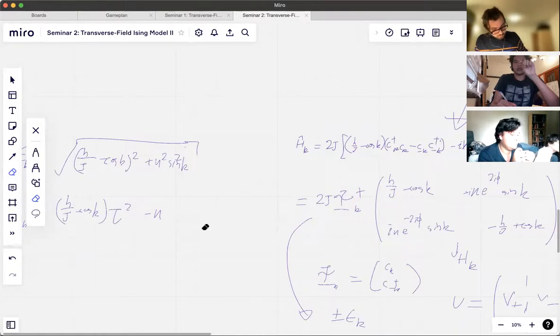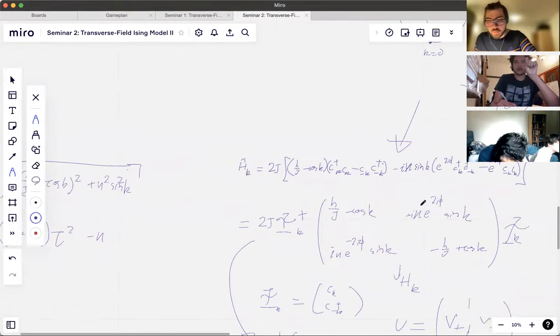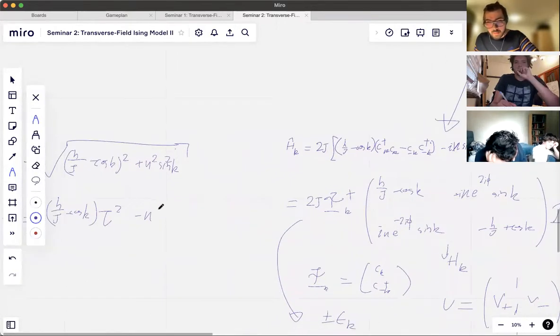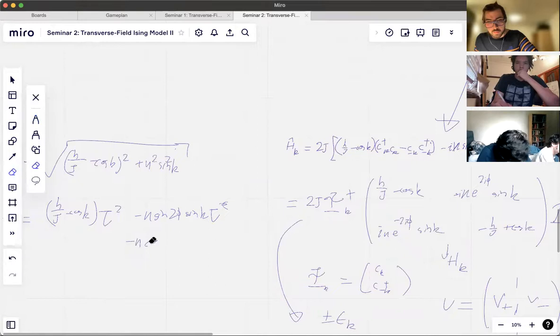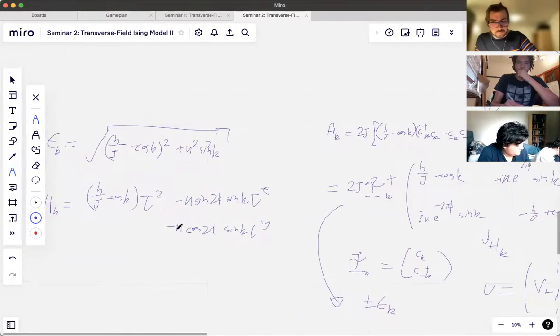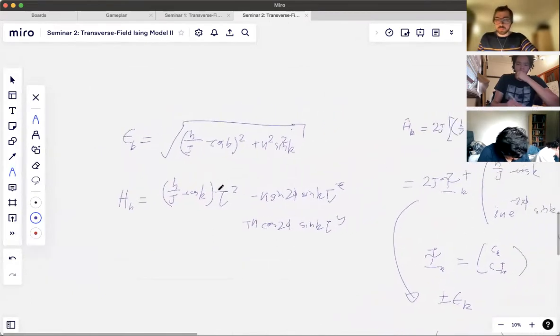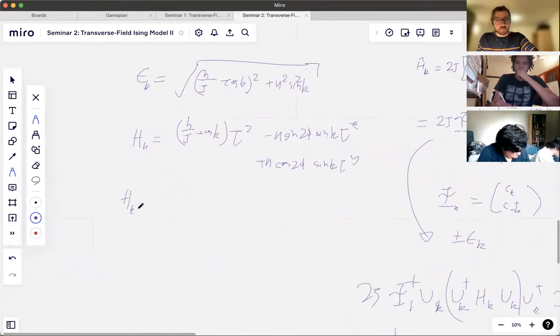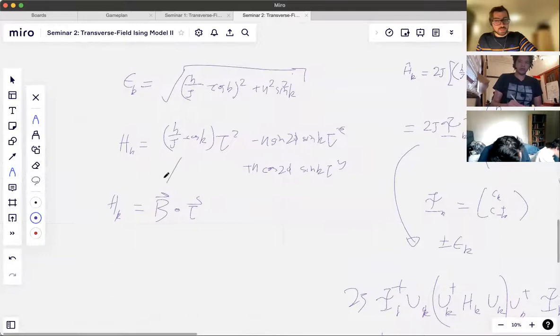By taking real and imaginary parts of these things, minus kappa sine 2 phi sine k tau_x minus kappa cos 2 phi sine k tau_y. There may be a wrong minus sign there. You can reinterpret it in a bizarre way as b dot tau, where these taus are all Pauli matrices. You can think about H_k, with the H's and k's, as an effective magnetic field acting on an effective dipole moment.